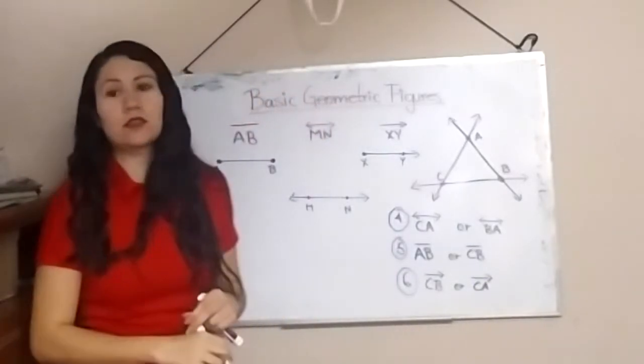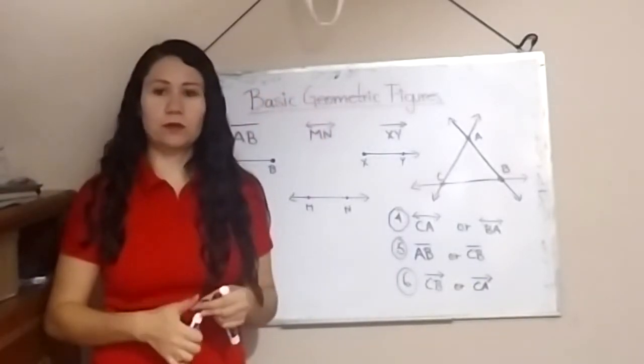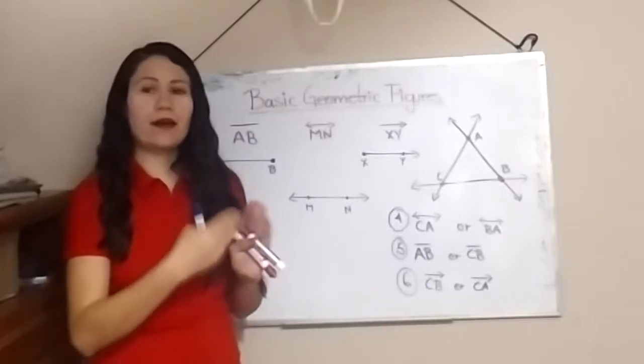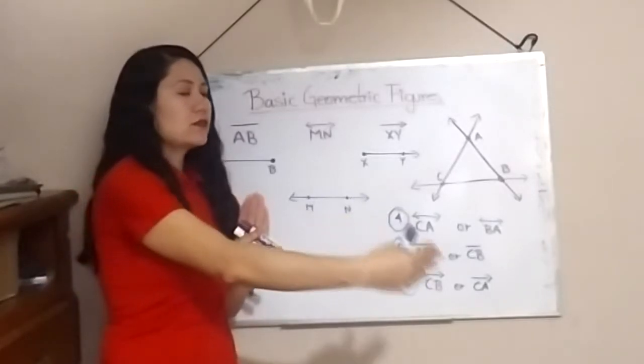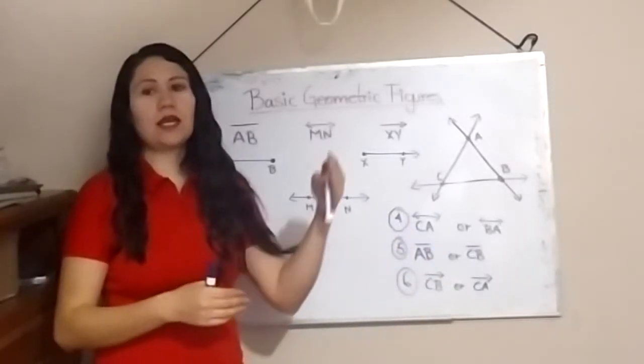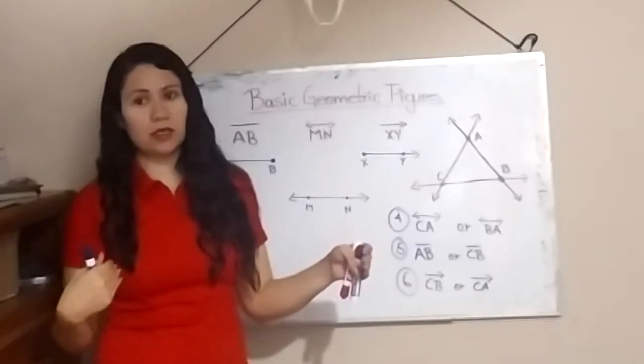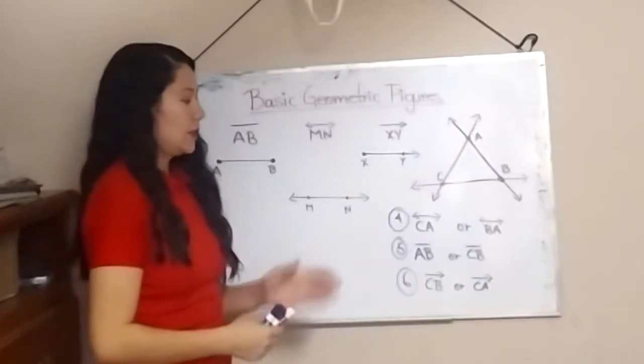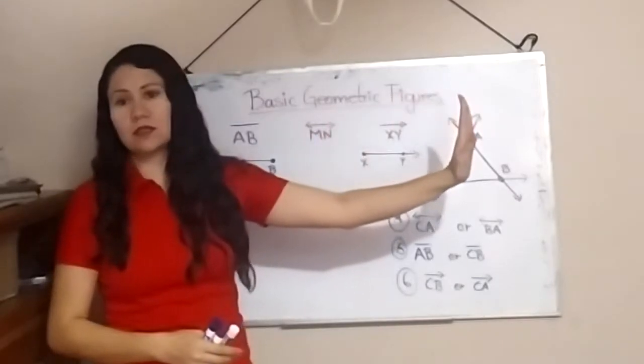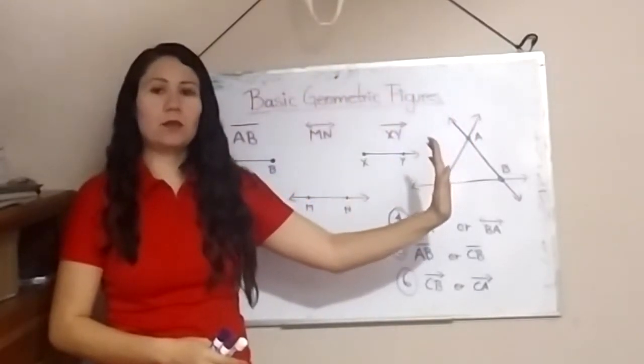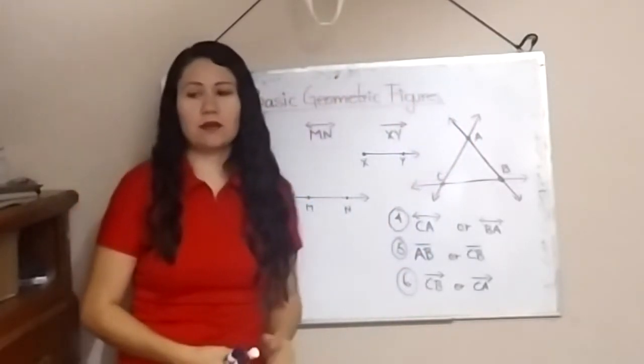And we will place only one arrow because a ray has a beginning but it has no end, or has an end but no beginning. Okay? It starts at a point and doesn't end, or it ends at a point but it doesn't have a beginning.